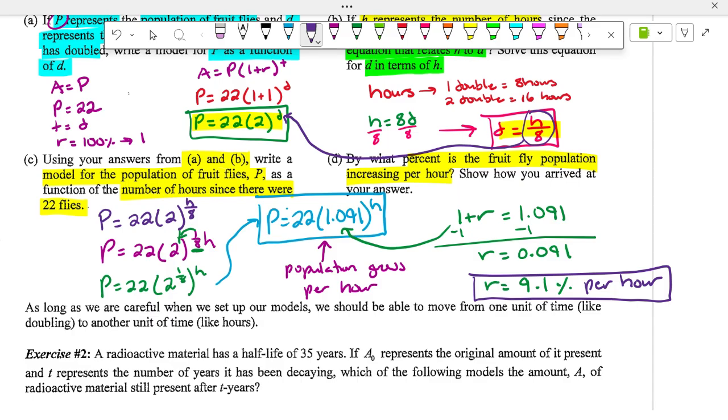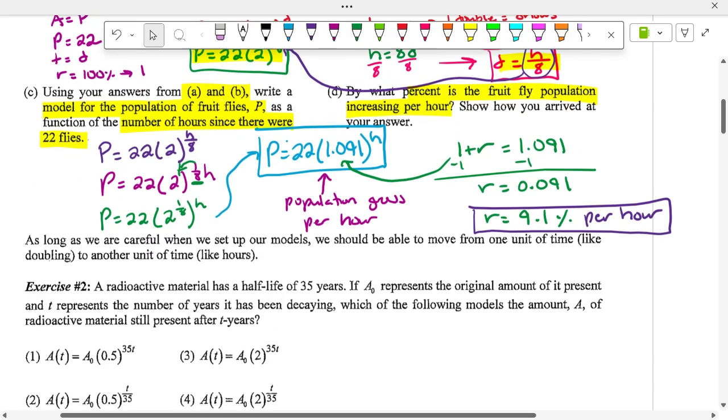This equation was when we initially changed it to be per hour, but then we had to finagle it a little bit to get it so it looks like a regular exponential growth problem like we're used to. So I can plug in any number for h, so 12, 13, 100, whatever, even if it doesn't go nicely into 8, and I will get what the population is after that many hours. Does that make sense to everyone?